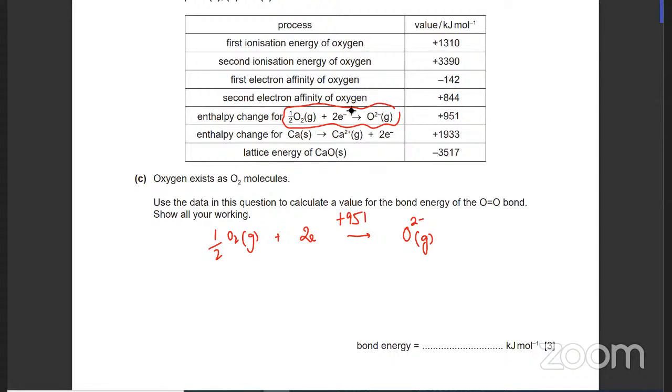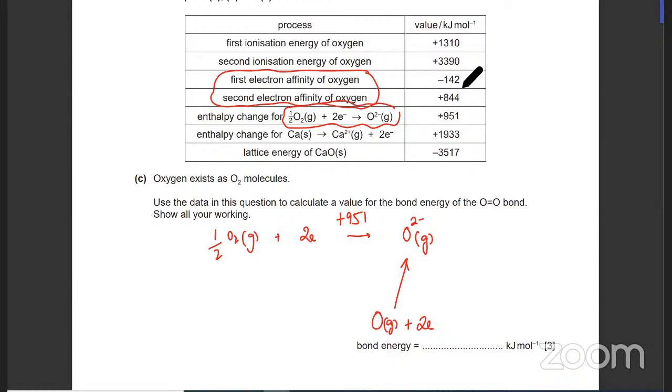So there's the electron affinity of oxygen given. If I have a gaseous oxygen atom that will gain 2 electrons, I'm talking about these two. Electron affinity is an oxygen atom gaining electrons, right? So I've got an oxygen atom, first electron affinity and second electron affinity.